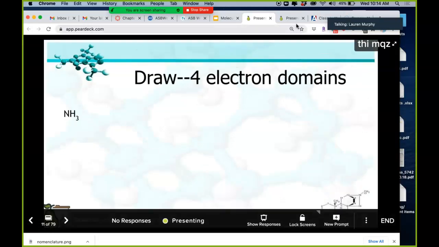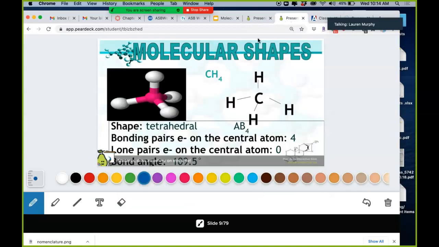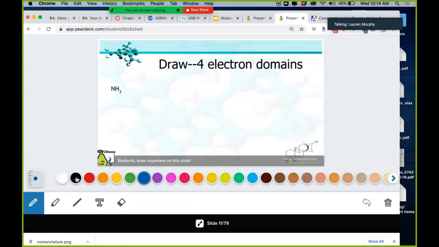So let's draw ammonia now. Still 4 electron domains, and we'll talk about why. So as you're drawing it, I'm going to be drawing it based on valence electrons.